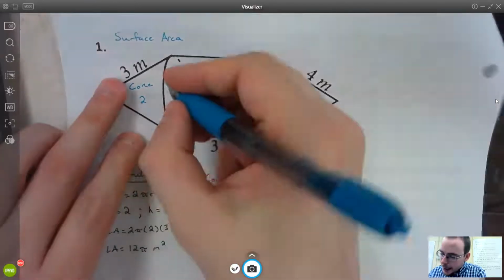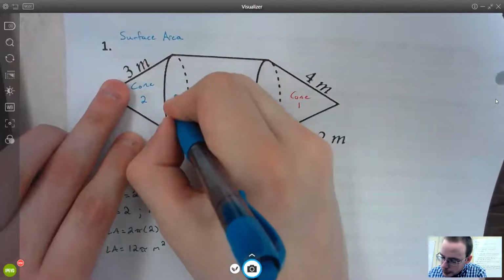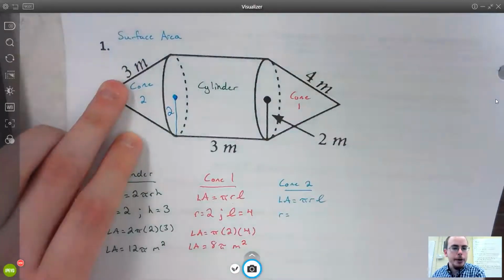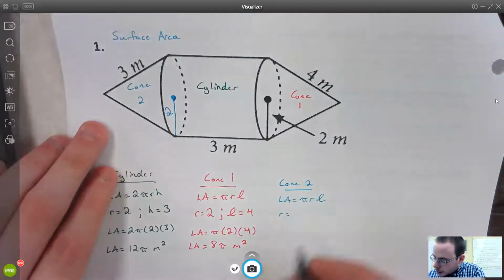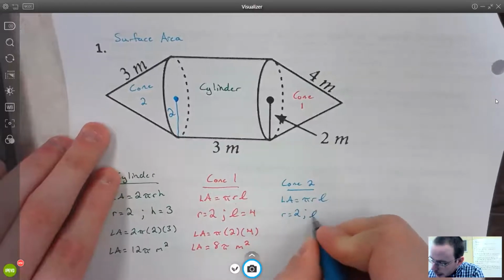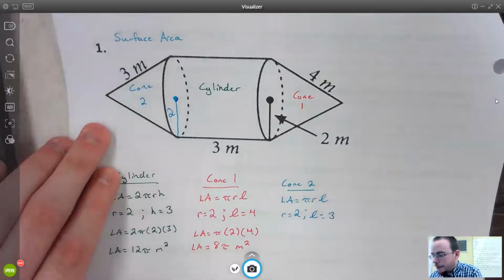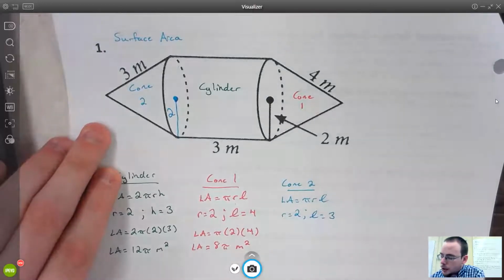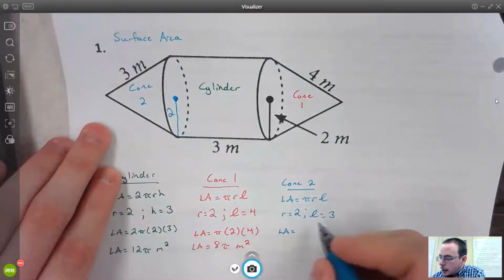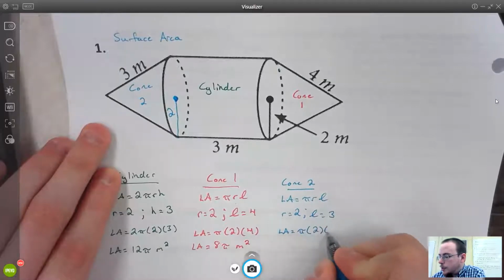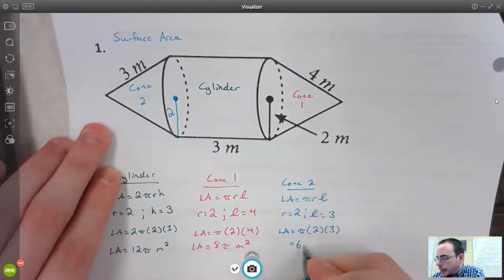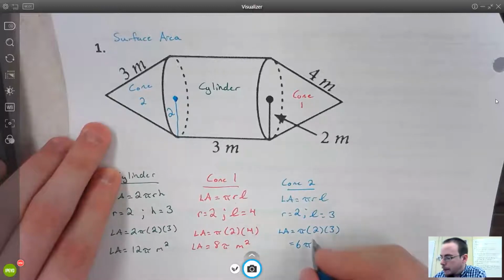So the radius here is still 2 meters, R is still 2, and in this case, our slant length L would be 3. So we just plug that in: pi times 2 times 3, and we get 6 pi meters squared.